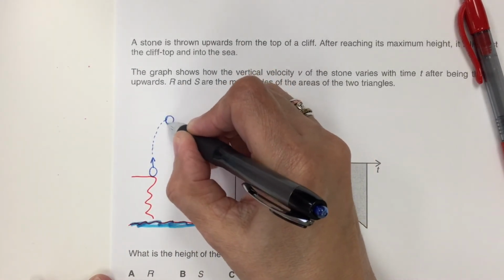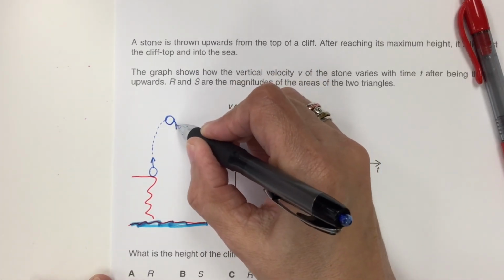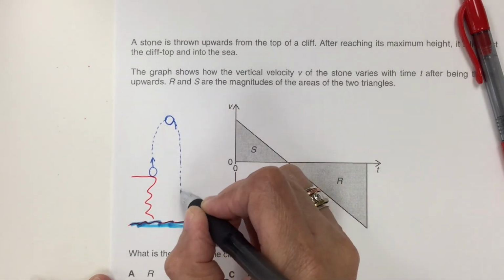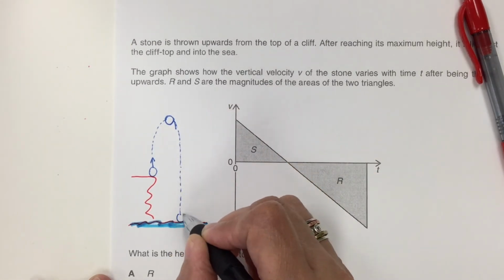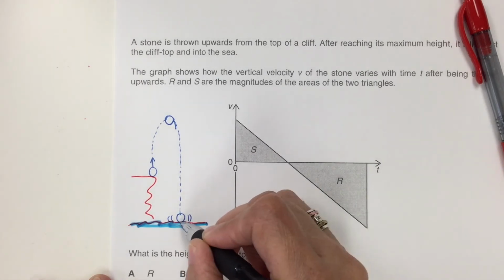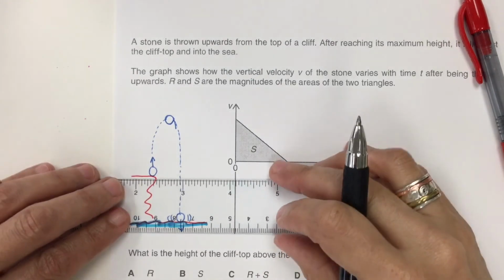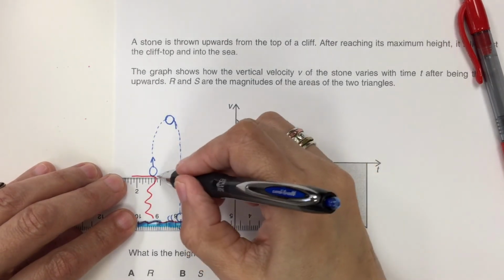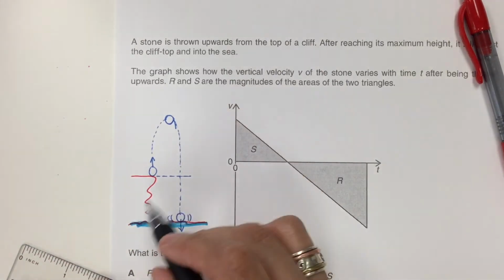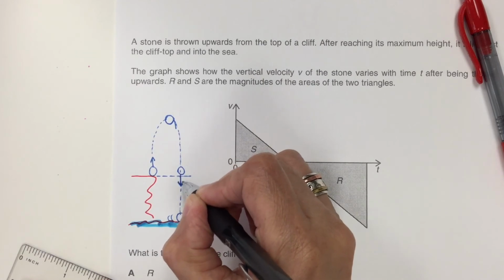It's going to stop right here, and now it's going to fall down, falls, and is going to splash here on the surface of the sea. When the ball comes down, it's going to pass again through the cliff top, right here.